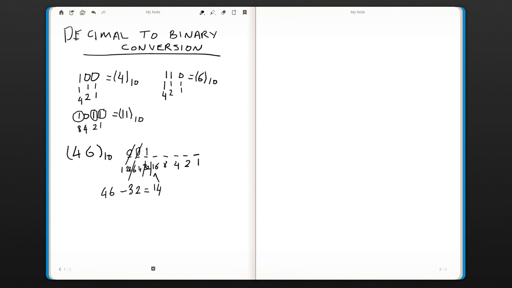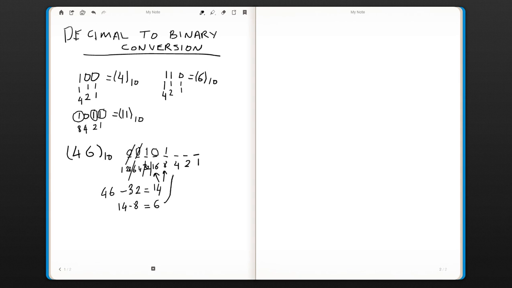So 14 is smaller than 16. So if you put a 1, the number is going to be more than that. So I'm going to put a 0 here. But 14 is bigger than 8, so I can put a 1 here. Now we reached 32 plus 8, 40. So the difference, we can do from here: 14 minus 8, it's 6.